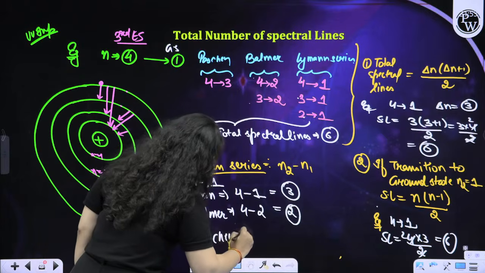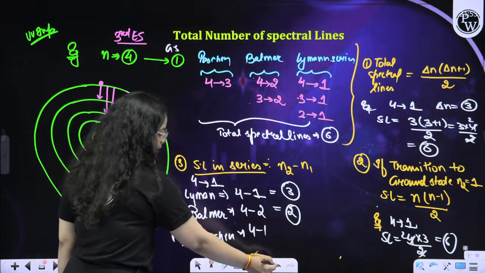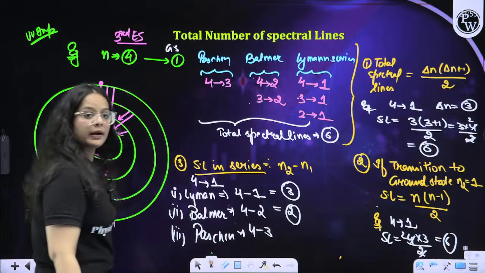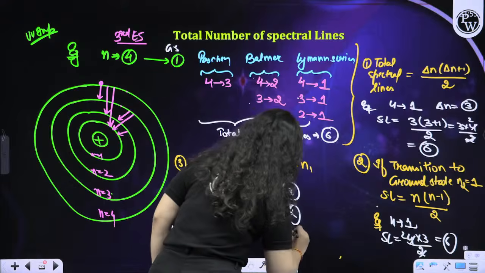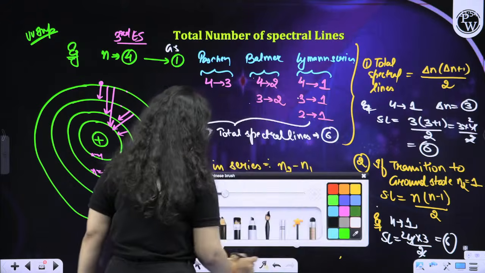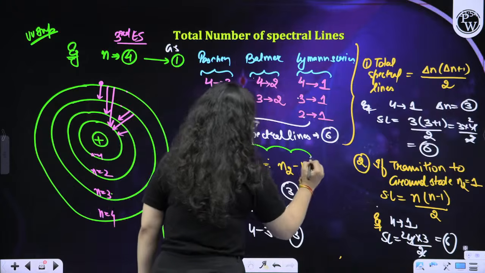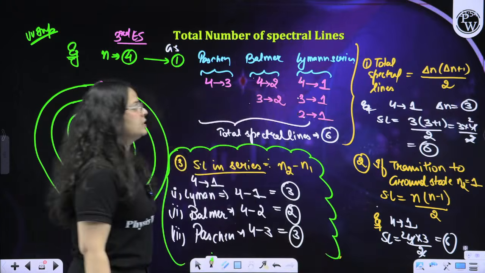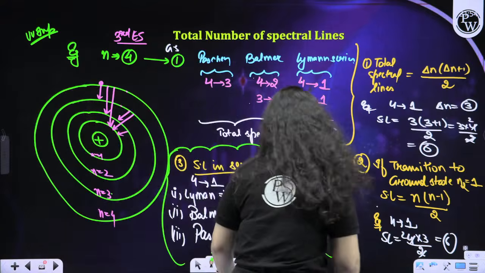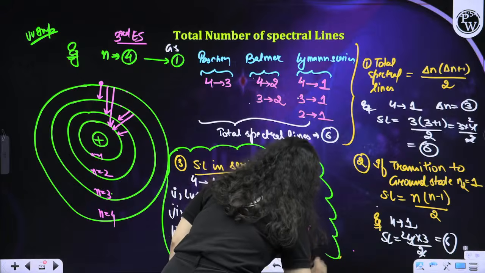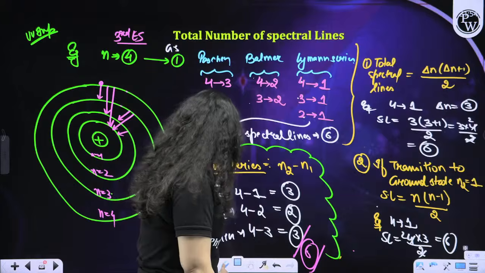In the Paschen series, I'm getting 4 minus 3, which is 1, since Lyman, Balmer, Paschen are for 1, 2, 3. So I'm getting the spectral lines of the particular series in the different regions. If I add them all, I am getting the total value as 3 plus 2 plus, oh sorry beta, this is 1 only.